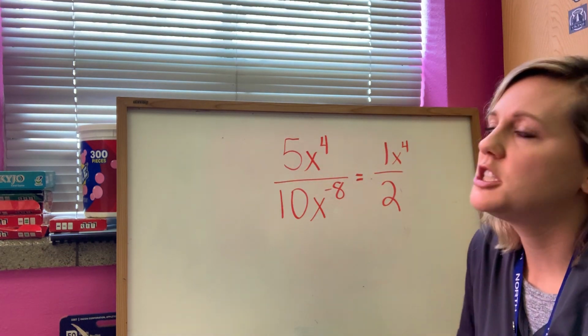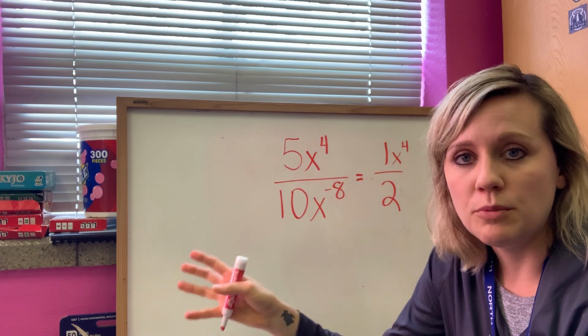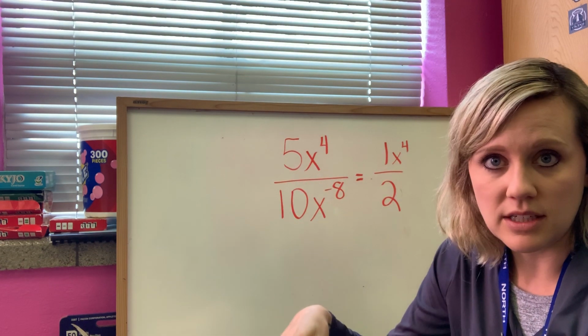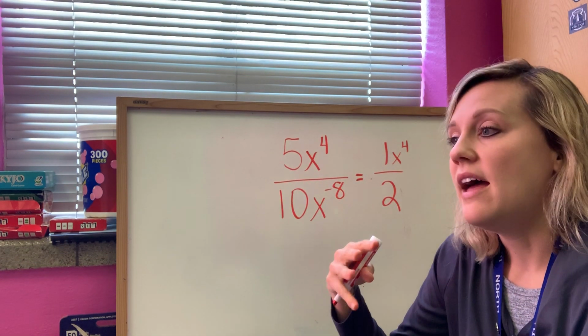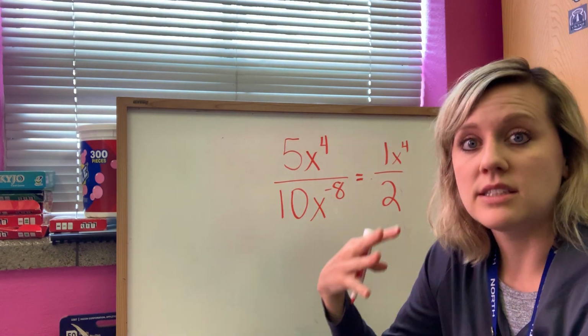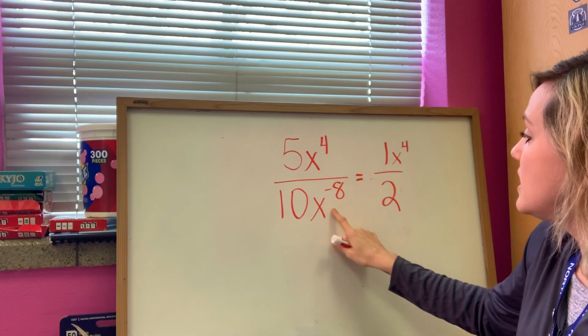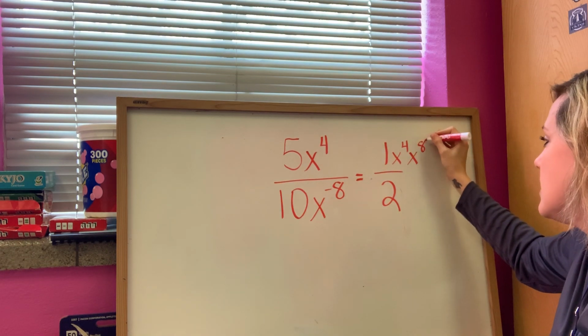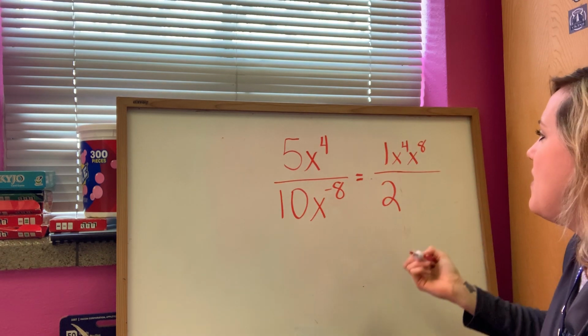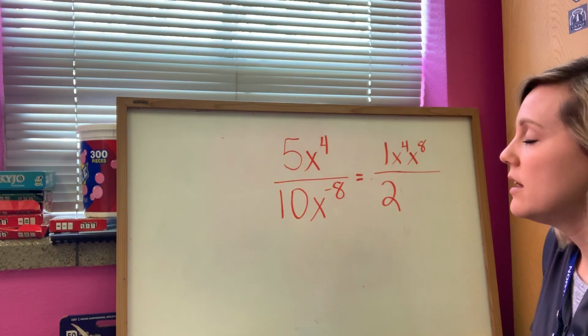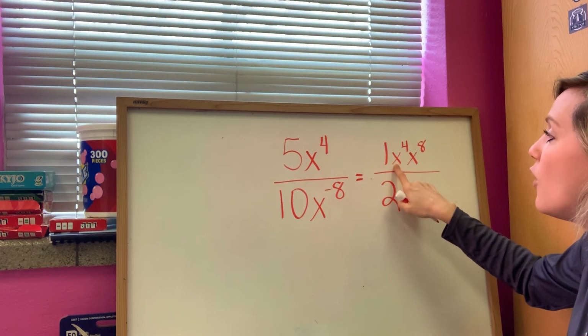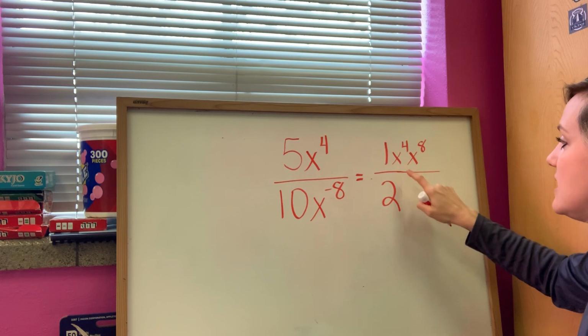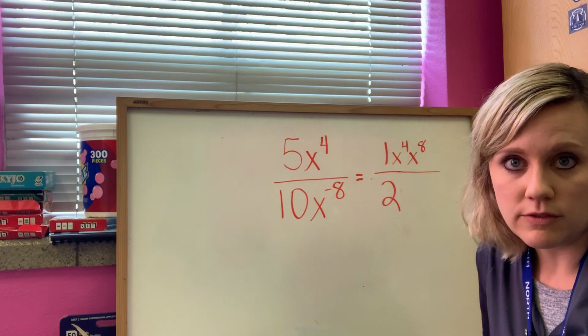So if you want to just memorize, if you have a negative in the numerator, it actually means division, and it's going to go into the denominator. And then if you have a negative in the denominator, it's going to move up to the numerator. So this x to the negative 8th, we're going to put it up here as a positive 8th. And then with our product rule, remember, this means there's 4 x's here and 8 x's here, which would be a total of 12.